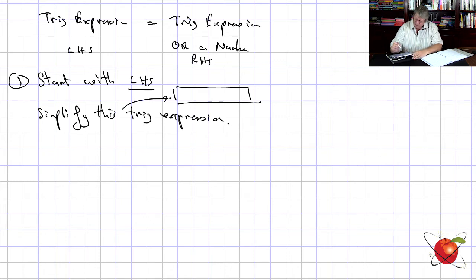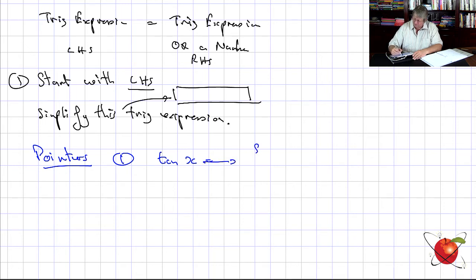So let's put some pointers down in blue. What are the pointers? Number 1, if you see tan x, you always change it to sine x over cos x.